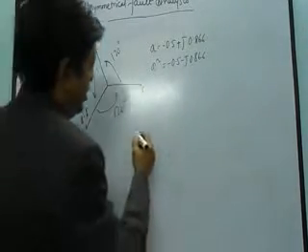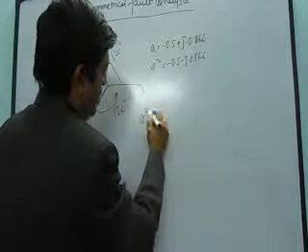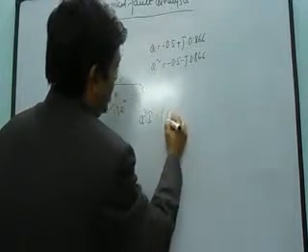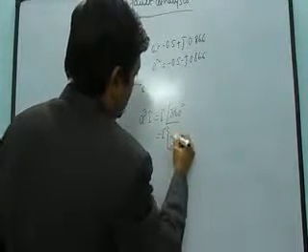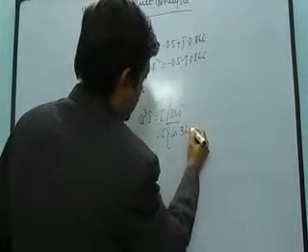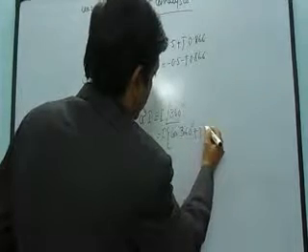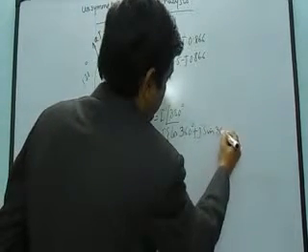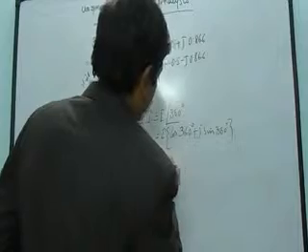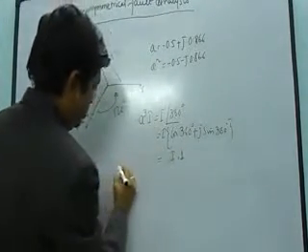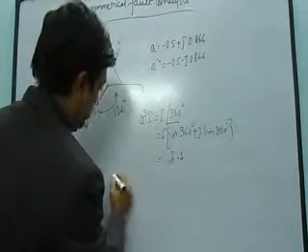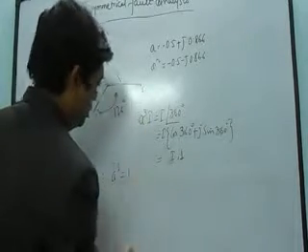Now similarly, A cube I is equal to I angle 360, that is I cos of 360 degrees plus j sine of 360 degrees. It is I into 1. So comparing these two terms, A cube is equal to 1.